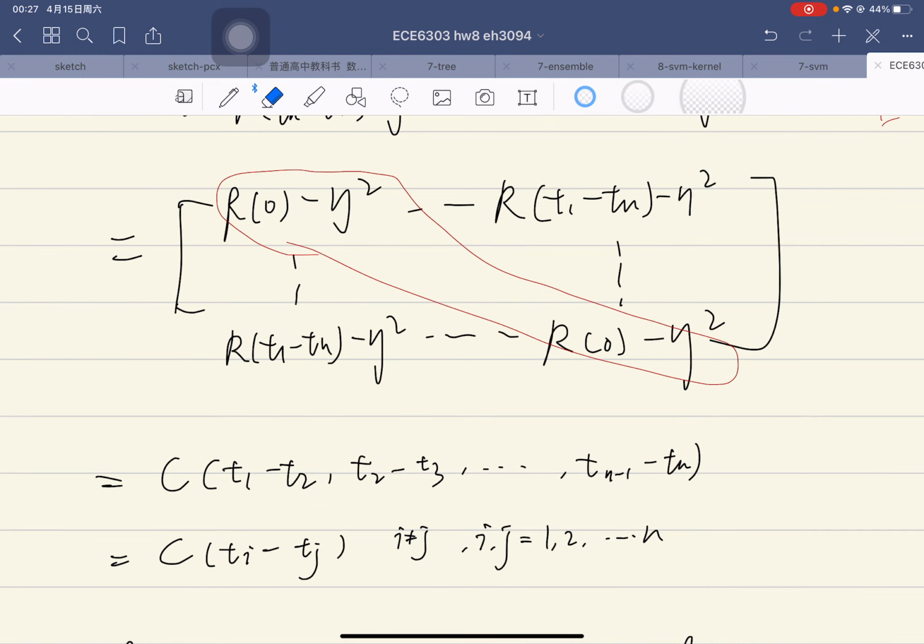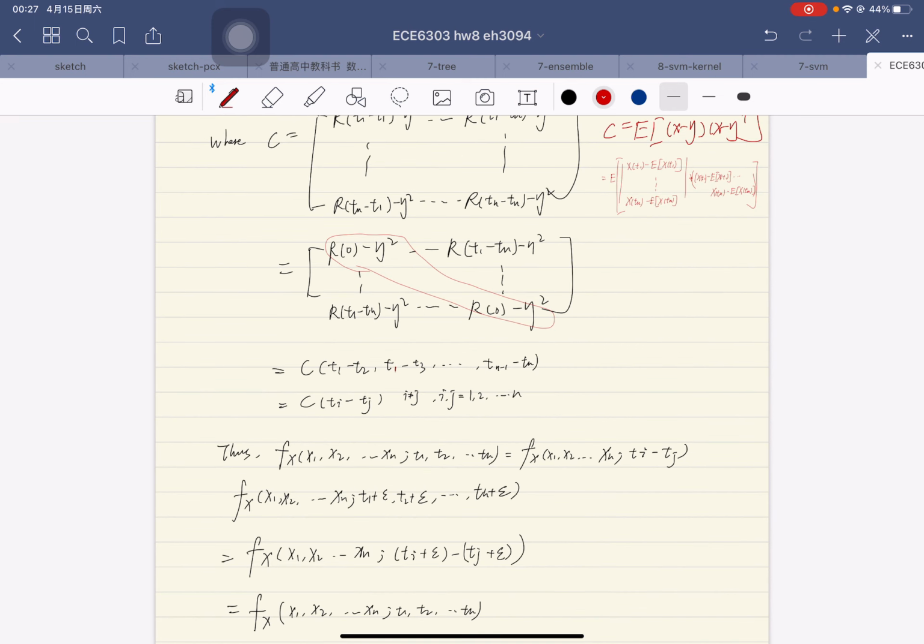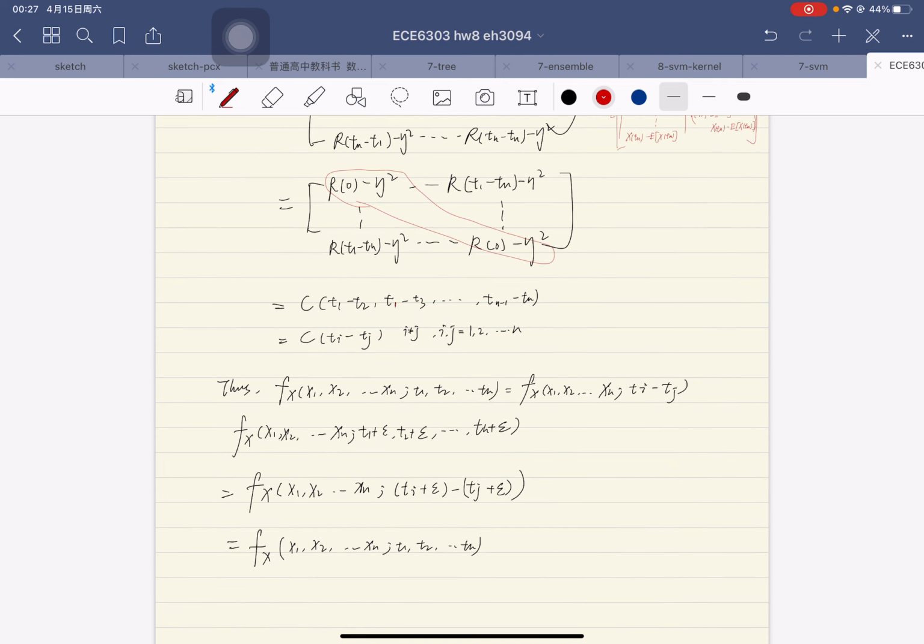So we can see that the density function f_X(x1, x2, ..., xn; t1, t2, ..., tn) is equal to f_X(x1, ..., xn; ti minus tj) when i is not equal to j.